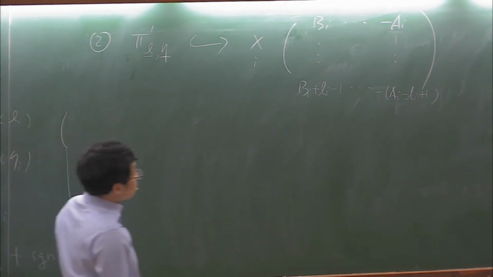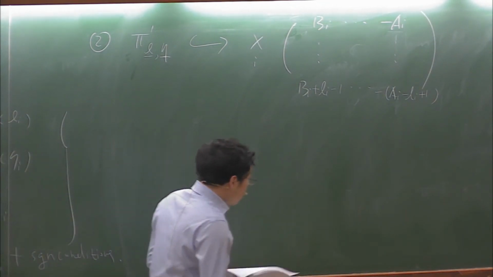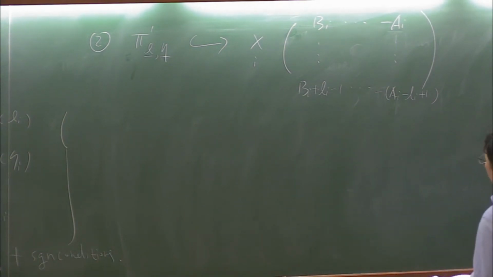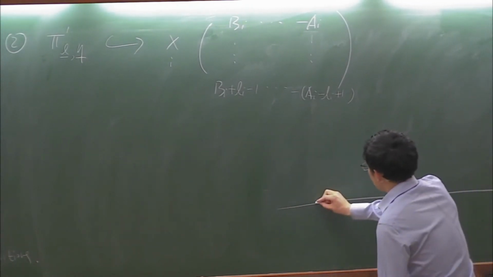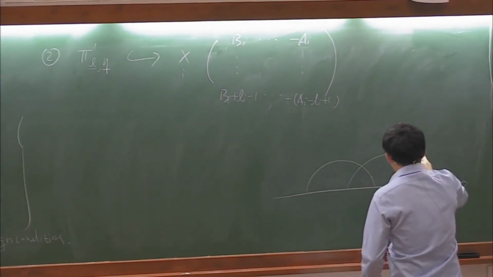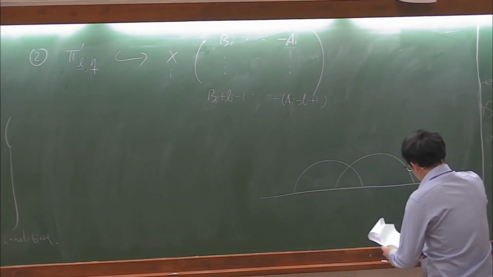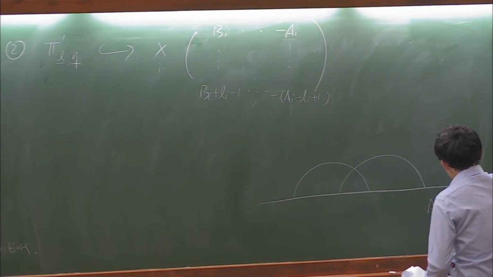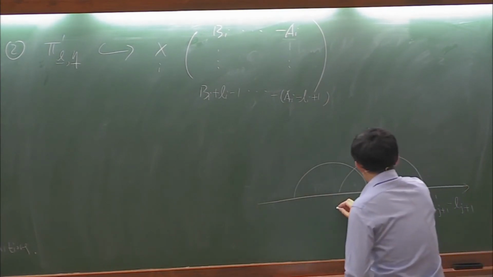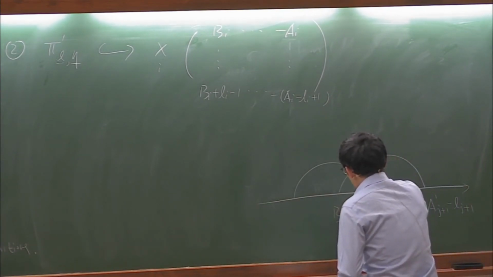Okay. So after you take all this, all these intervals, you think of them as getting shrunk. So let's say you have a picture like this, where this is A_{j+1}, and this is B_{j+1}.